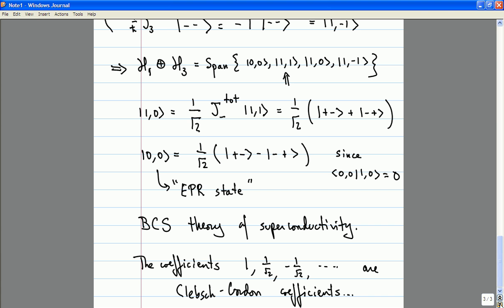So let me now ask the following question. I began our discussion of Hilbert spaces that were representations of the angular momentum algebra by discussing a particle in 3 dimensions.